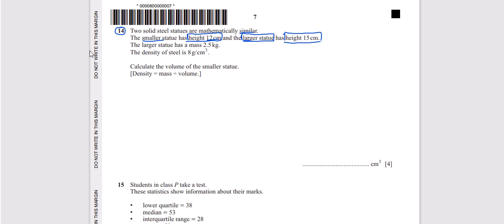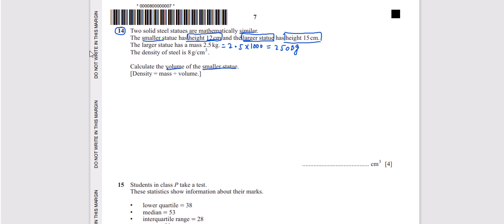The larger statue has a mass of 2.5 kg. Convert it in grams: 2.5 multiplied by 1000 is equal to 2500 grams. The density of steel is 8 grams per centimeter cubed. Calculate the volume of the smaller statue.